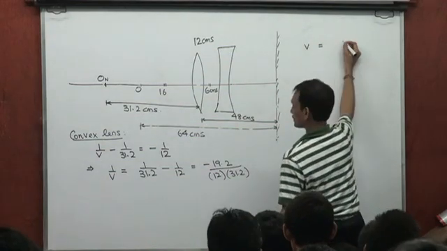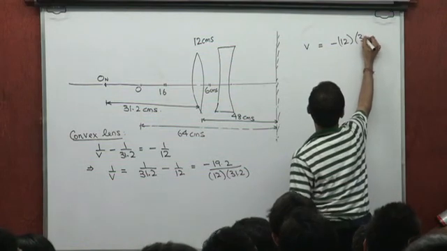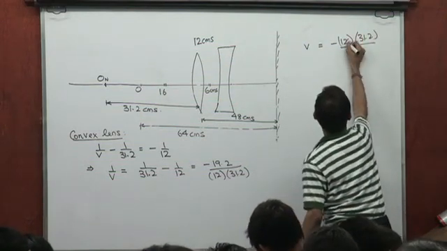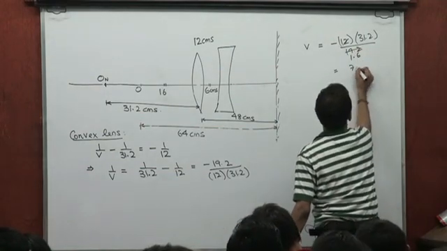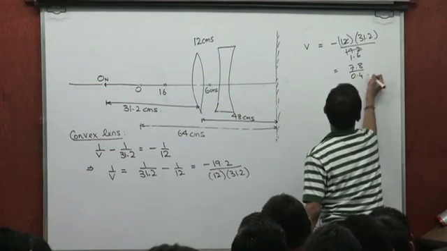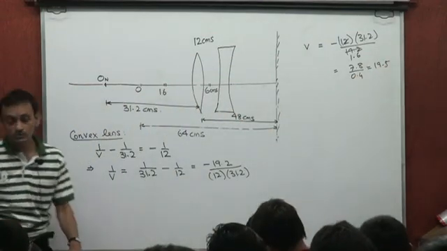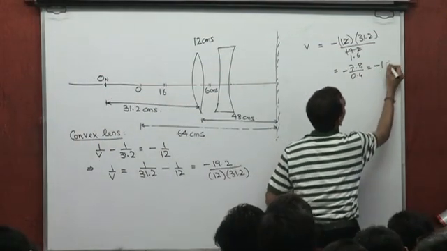So V is minus 12 into 31.2 divided by 19.2, which is 19.5 centimeters, right? Minus 19.5 centimeters, that's where the image would have got formed.